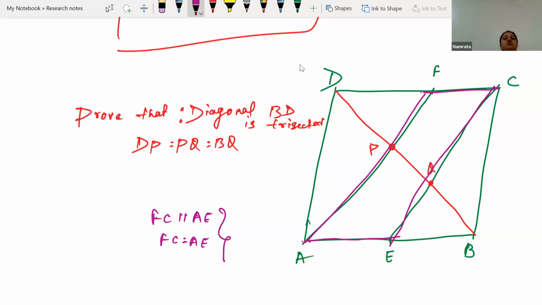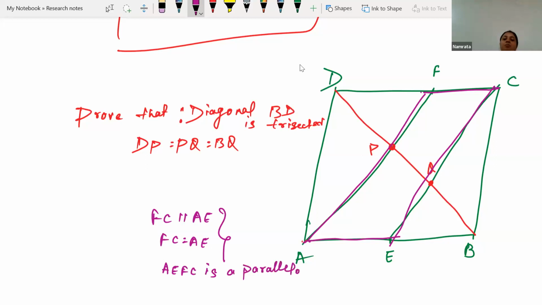This too we have shown, and we said that this is a property of a parallelogram only. Hence AEFC is a parallelogram.